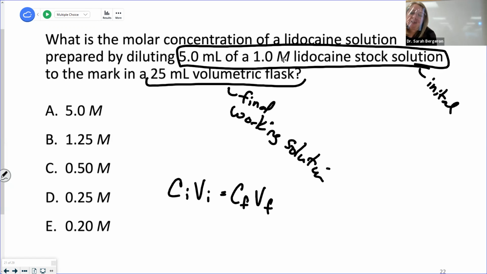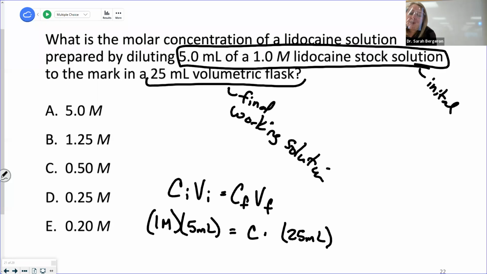So we're going to have a concentration of 1 molar, a volume of 5 milliliters. Now, we're filling it to the mark in a 25 milliliter volumetric flask. So that's our final volume, 25 milliliters.